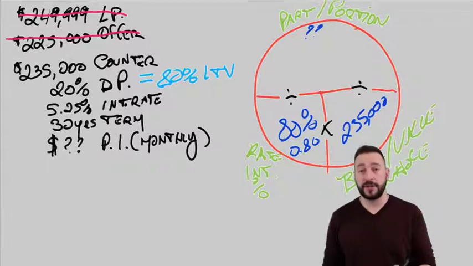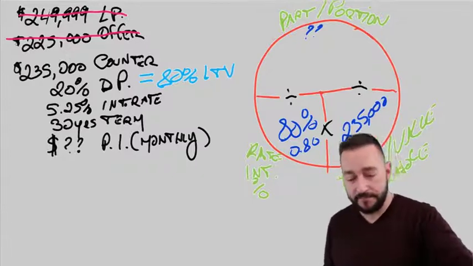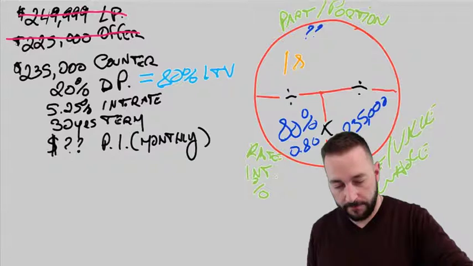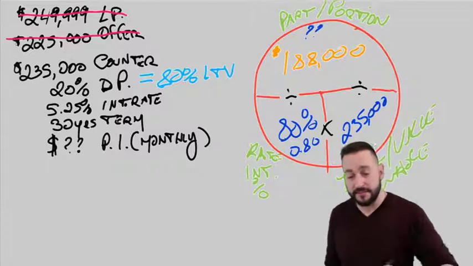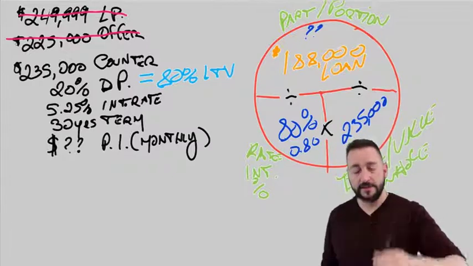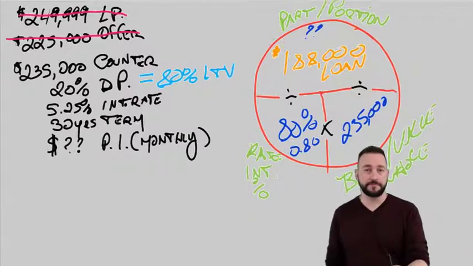So when you multiply $235,000 times 80% or 0.80, then the answer becomes 188. And this is the loan. Okay, so this is your loan amount.